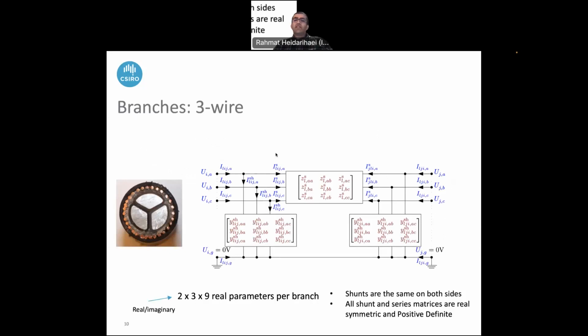Next, we have branches. For example, three-wire branches have 3x3 impedance and shunt admittance matrices, and these shunts are the same for both sides.